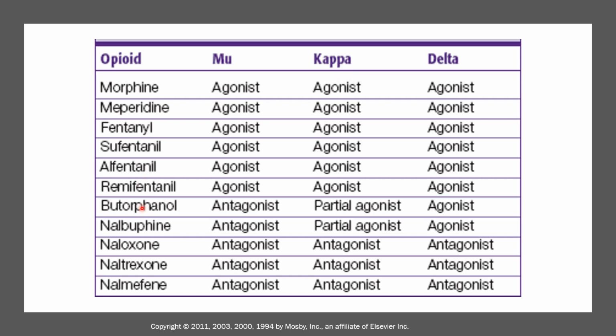Butorphanol is a mixed agonist-antagonist. It is a partial agonist to the kappa receptor and an antagonist to the mu receptor. Naloxone, naltrexone, and nalmefene are examples of our reversal agents, or opioid antagonists, or full antagonists.